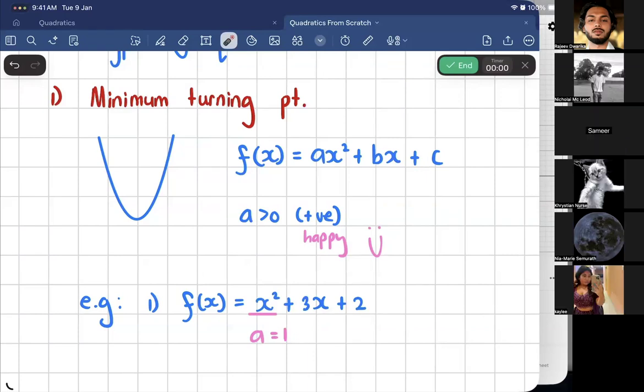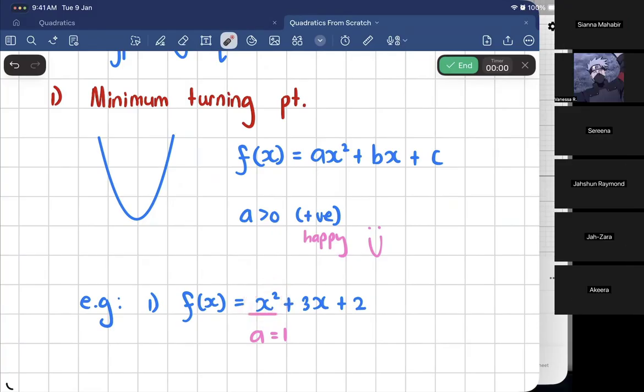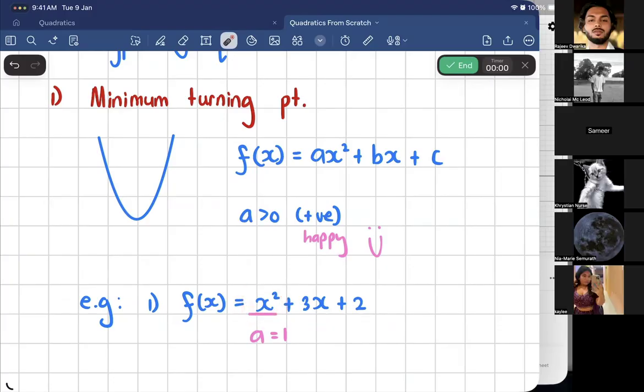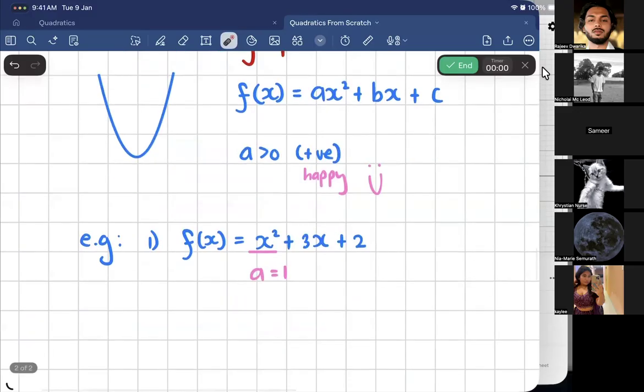Jazara, I know you're not seeing the 1 in front of the x squared, but tell me if you understand why it would still be 1. How much x squared do you see in here? There's just 1. a is 1. Is there anybody in class confused by this?